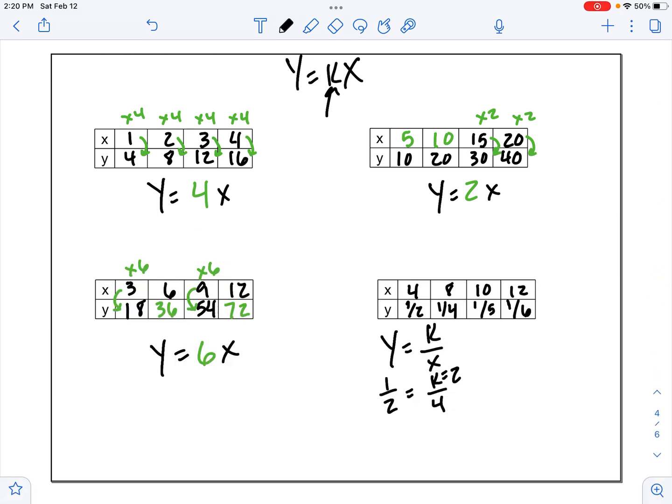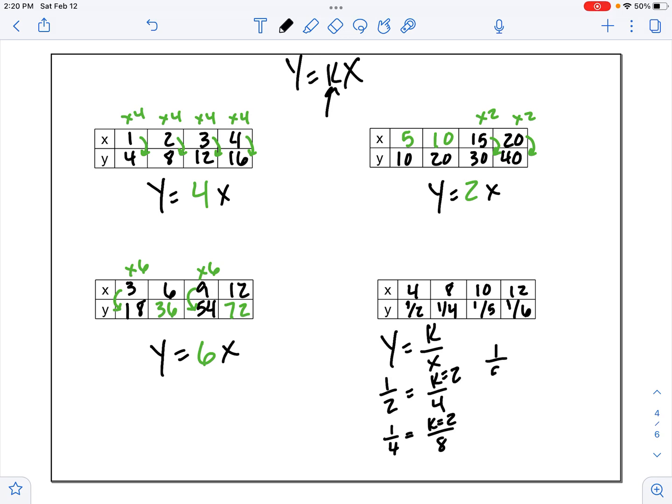So now I have 1/4 is my y. My x is 8. So what is my k value? Well, 1/4 as an equal fraction with 8 as a denominator is 2/8. So it's looking like my k value is a 2 and that this inverse variation is working for me.